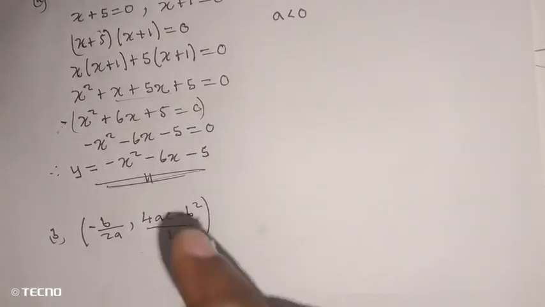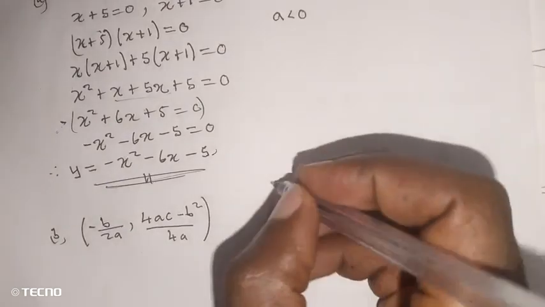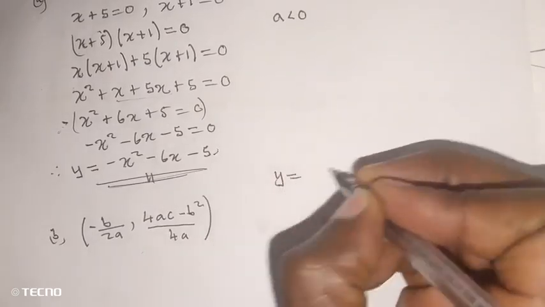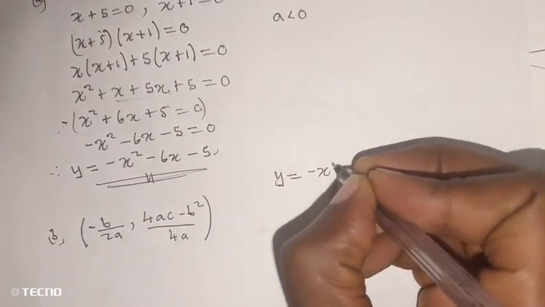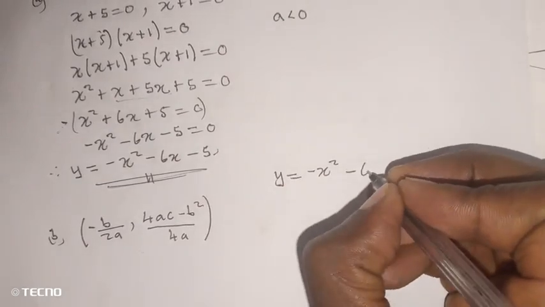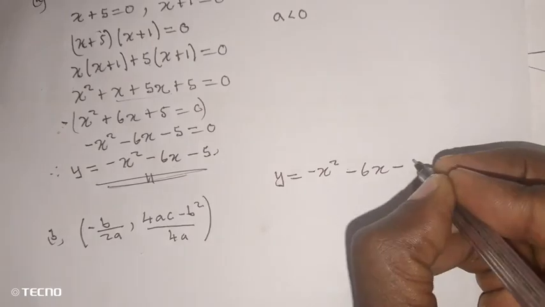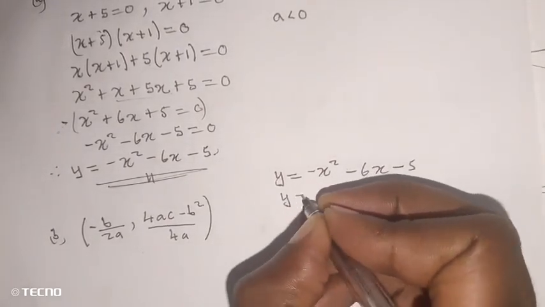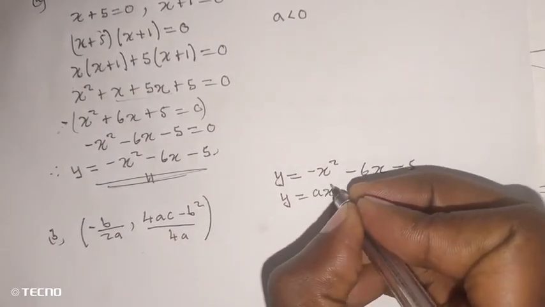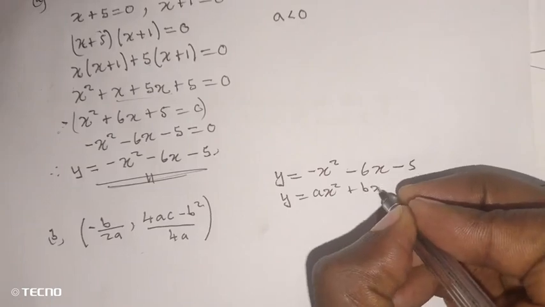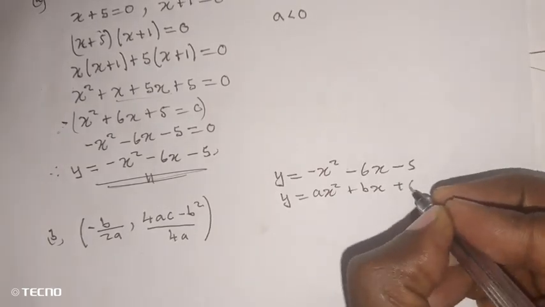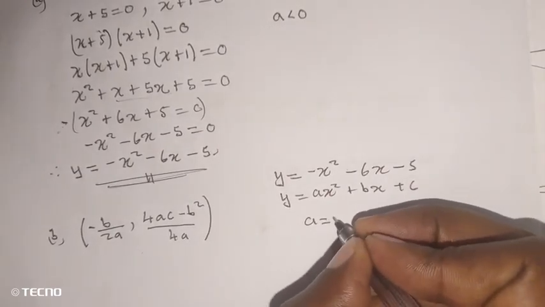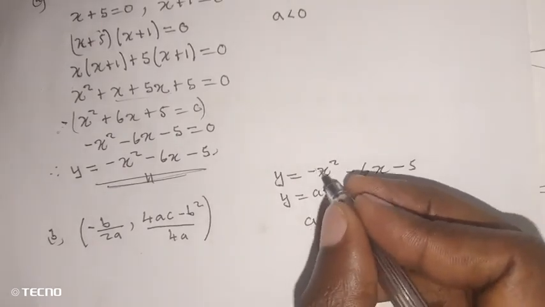Turning points are coordinates. So having this here, our equation is y is equal to negative x squared minus 6x minus 5. So here we write the general formula. It is y is equal to ax squared plus bx plus c, where our a is equal to negative 1, the coefficient of x squared.